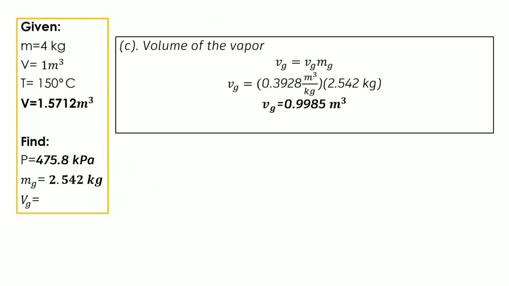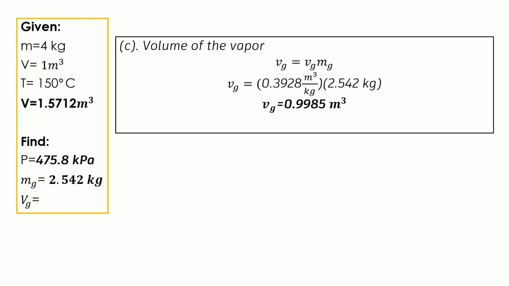So plugging that in, with the unit of cubic meter per kilogram, we now have the volume of our vapor, that is 0.9985 cubic meter.